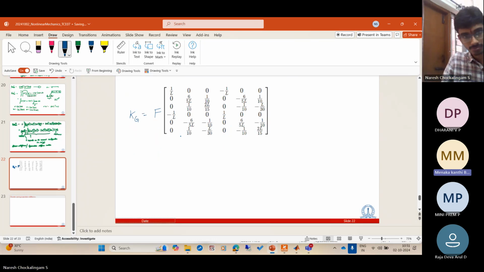So what is it we have? Yes, we have to add the nonlinear part of the integration and the linear part of integration. Very good.